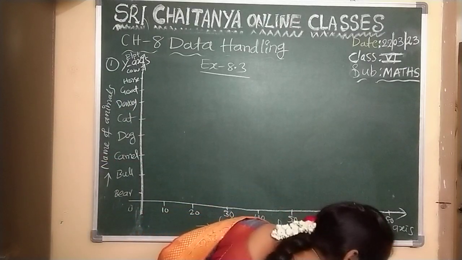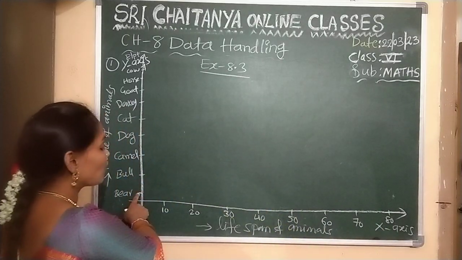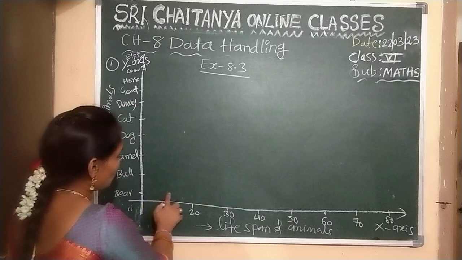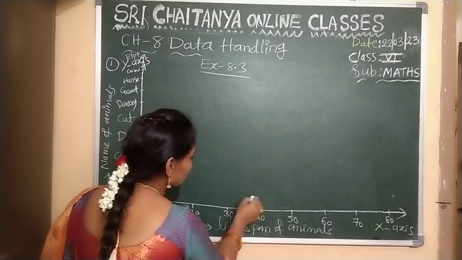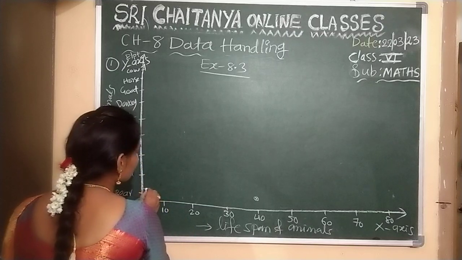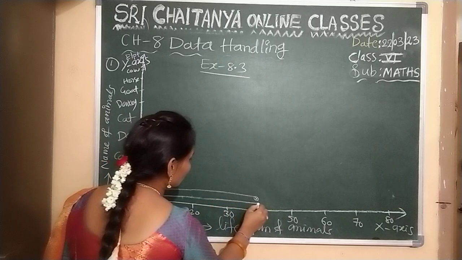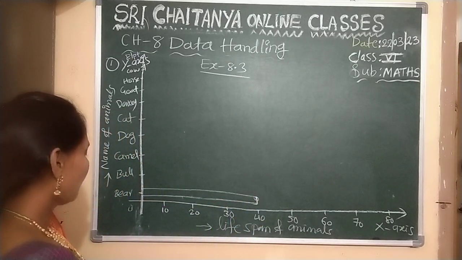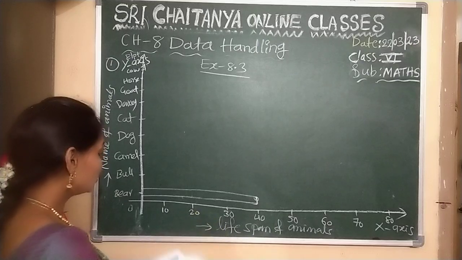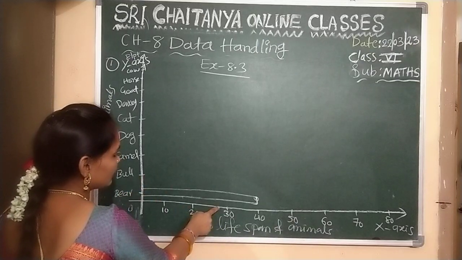Here, first name of the animal, bear. Bear is 40 years. So along with this, bear 40 here with the star mark, and with a scale you can draw the rectangle bar. Okay. Next, bull 28 years. Bull is nearby 30, right?